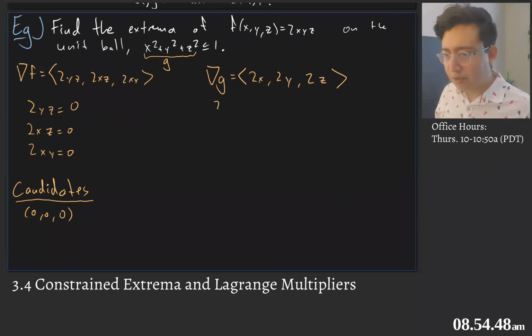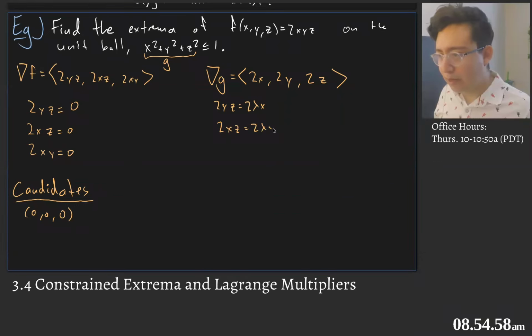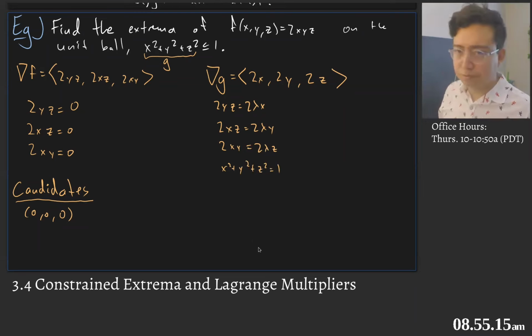We get 2yz equals 2 lambda x, and then we get 2xz equals 2 lambda y, and we get 2xy equals 2 lambda z. And then, of course, we get x squared plus y squared plus z squared equals 1. Okay, cool.